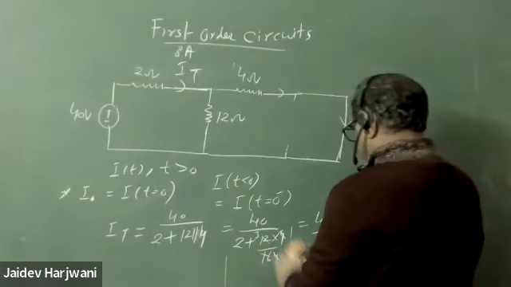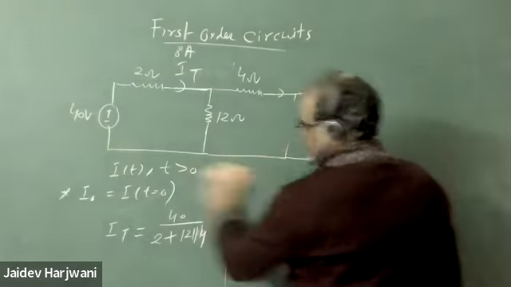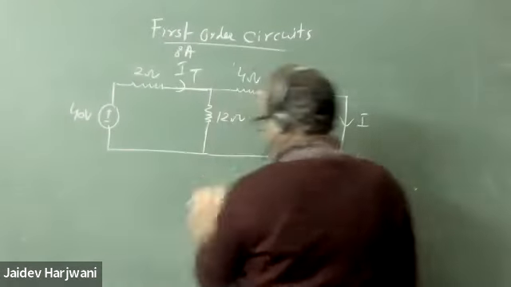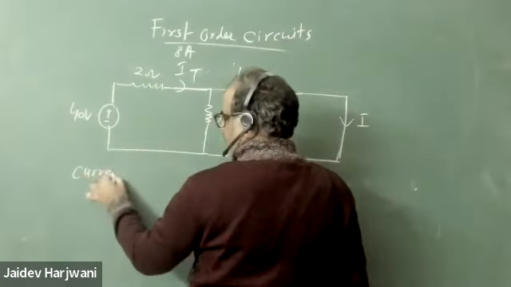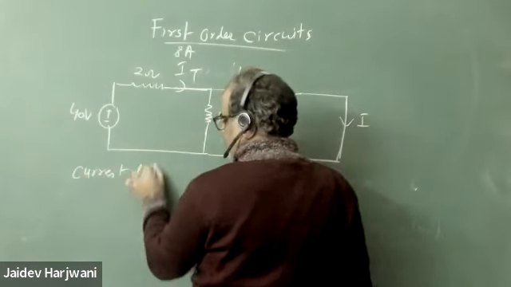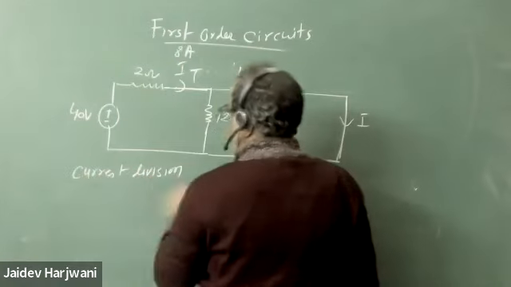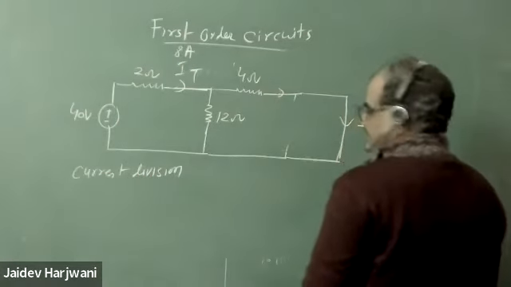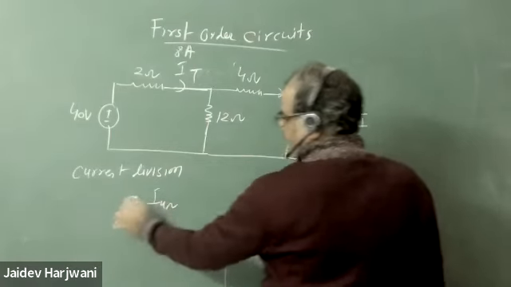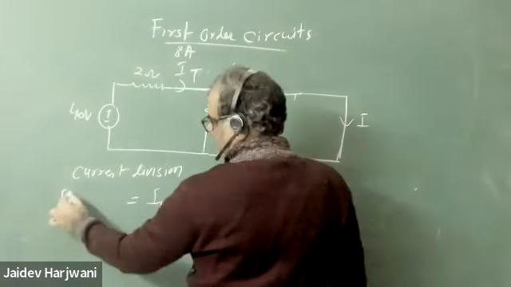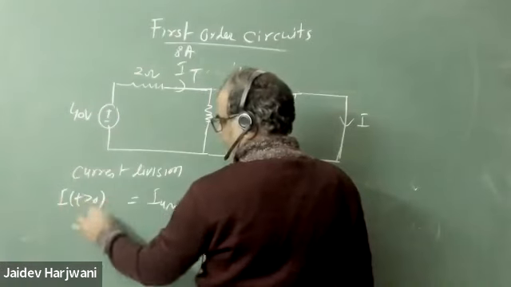Now apply current division. I want the current in the 4 ohm, that will be my I at t less than 0.